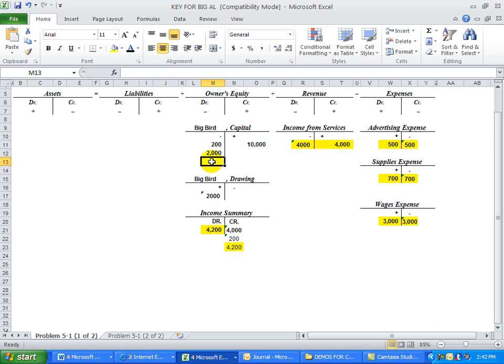If we foot this now, we have 2,200 over here. Okay, and then if we go down here and put in this credit to drawing, we've closed this account out. If we subtract 2,200 from 10,000, I believe we have a balance of 7,800.